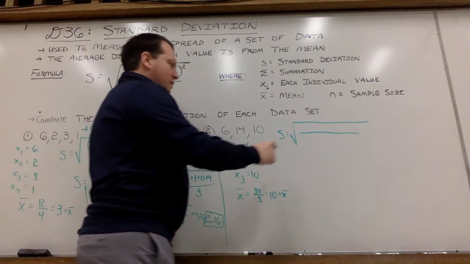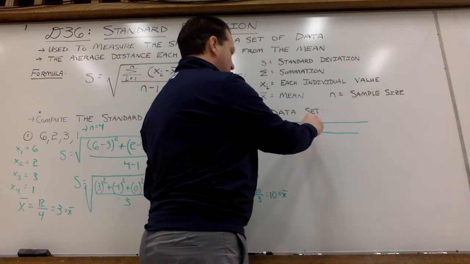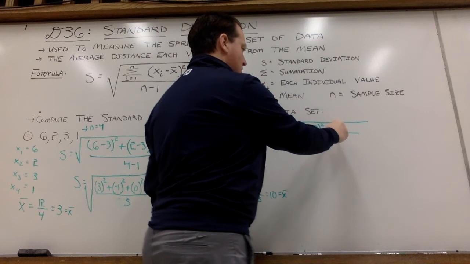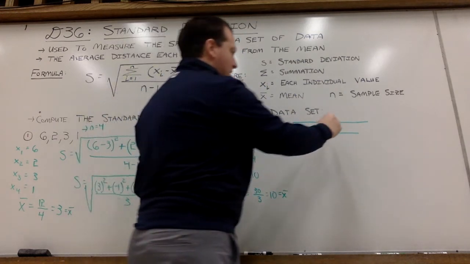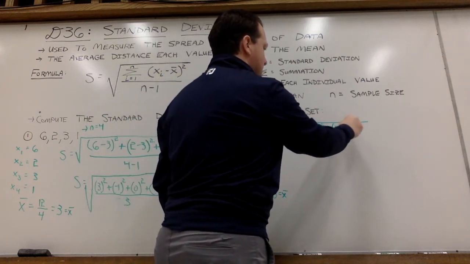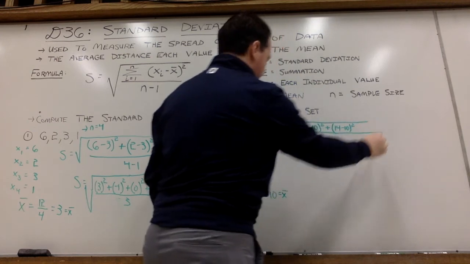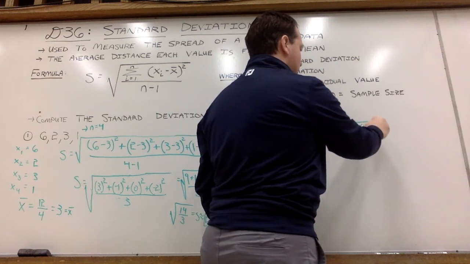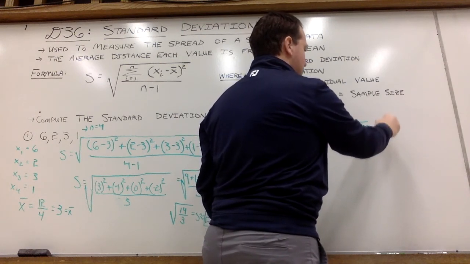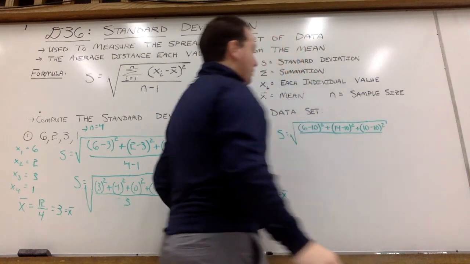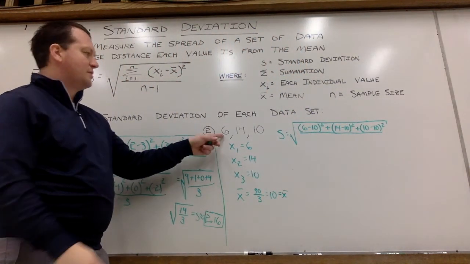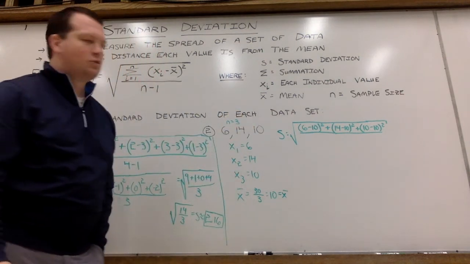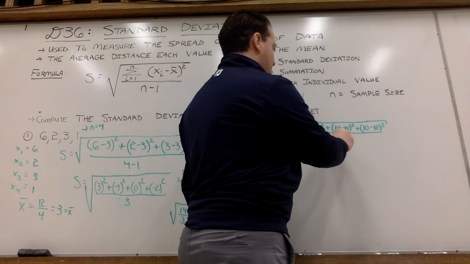So I'm going to go observation 1, 6 minus 10 squared, added to observation 2 minus the mean, 14 minus 10 squared, and then added to observation 3 minus the mean. And I'm going to divide that by n, my sample size. Here n is 3 because I have 3 numerical values, over 3 minus 1.